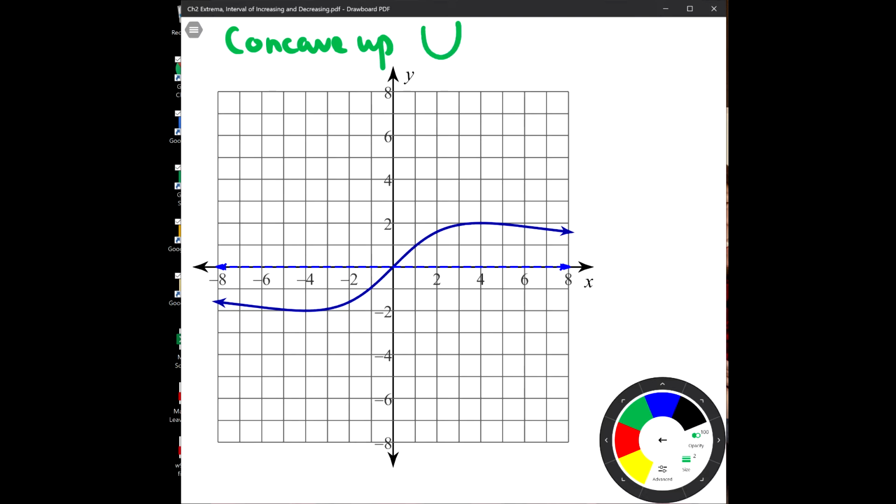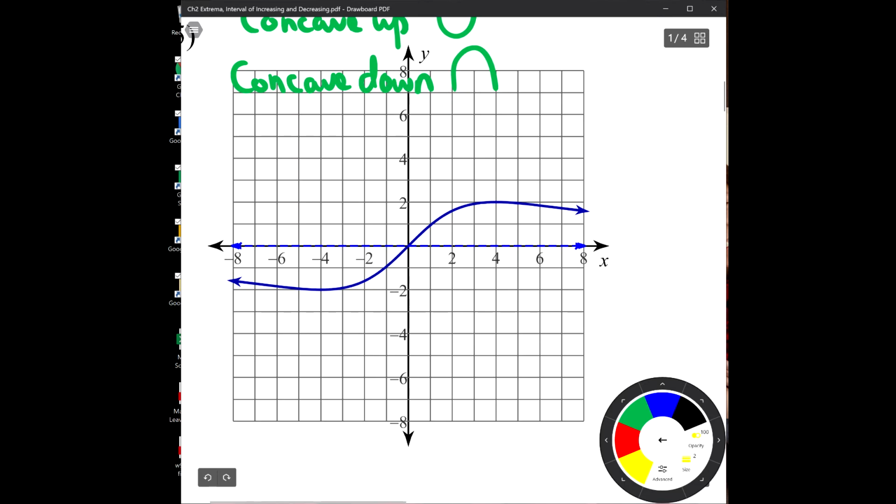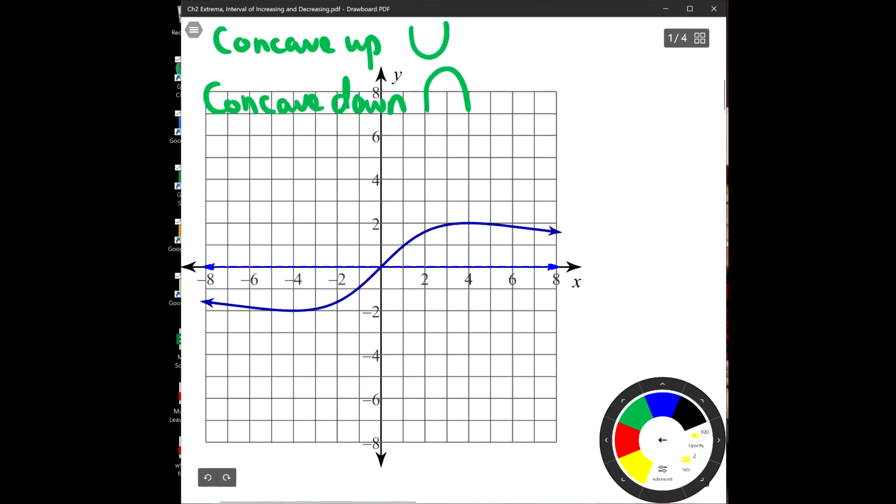Okay, so you have a parabola facing up, and then concave down will be facing downward. So on the graph, you will see that this part of the graph right here is concave up.